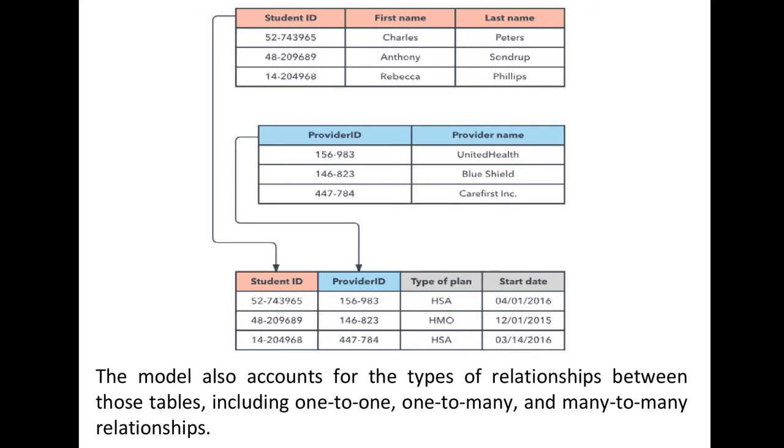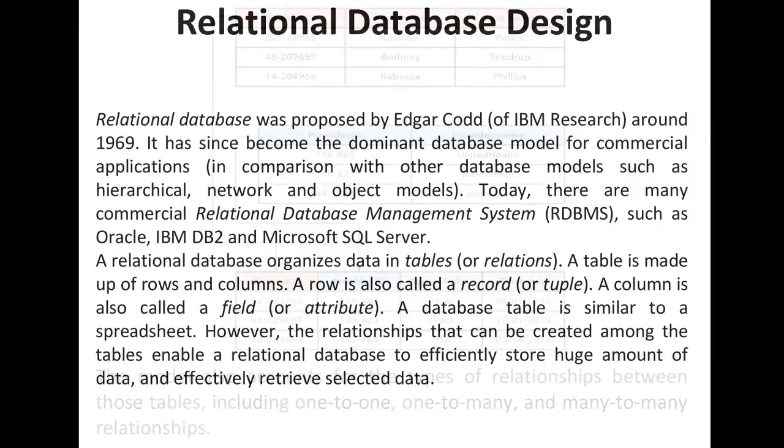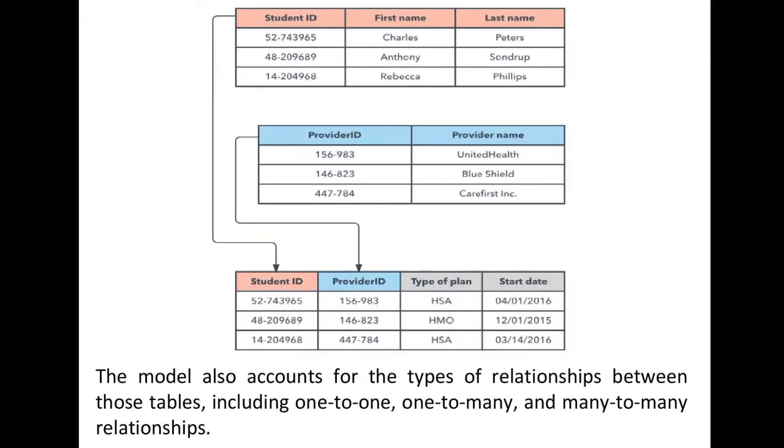According to that, they'll go for this database design. Depending upon the health related problems they are facing, they will be sent to the particular specialist doctors in that area. That is what the relational database design is.